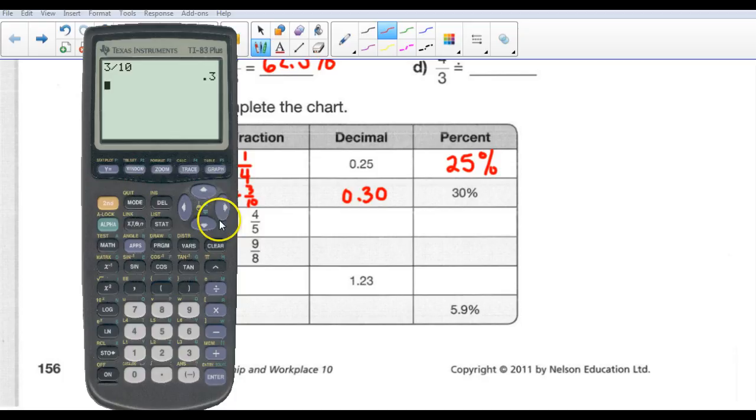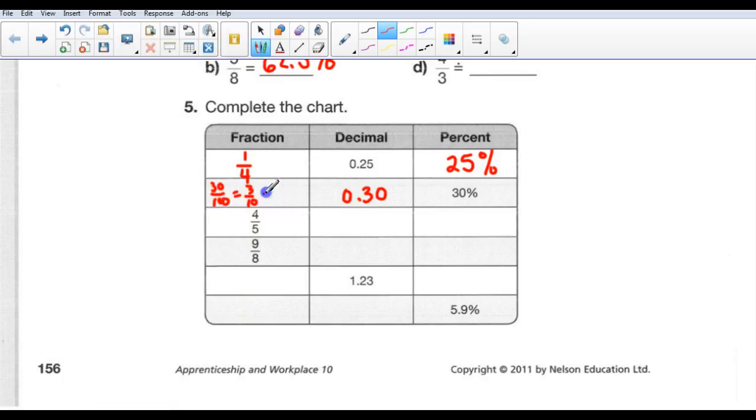We get an answer of 0.3. Oh, sorry, 3/10. We don't want that. We already did it over here. As a fraction, it's 3 over 10. Okay, simplified fraction. We had 30 out of 100, but we want to simplify it to 3/10.